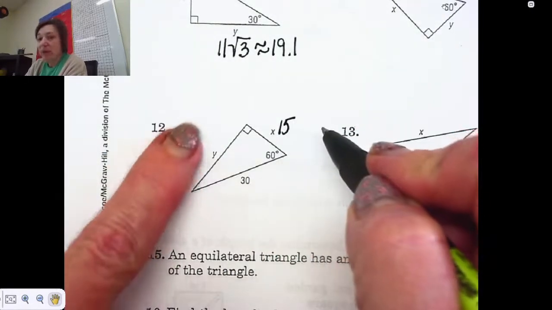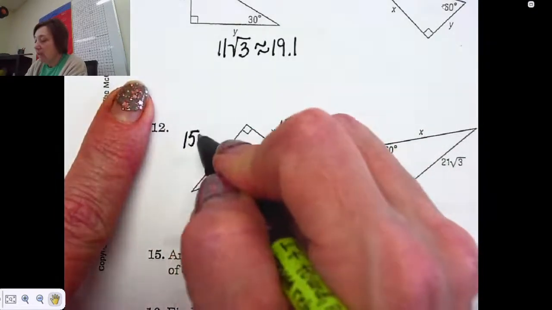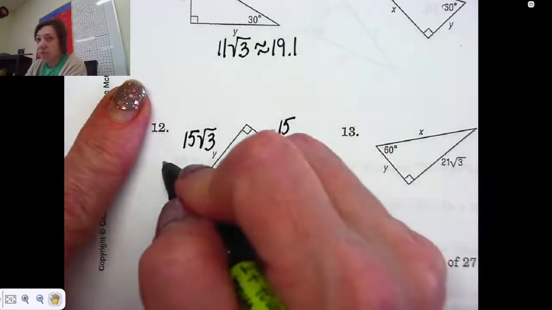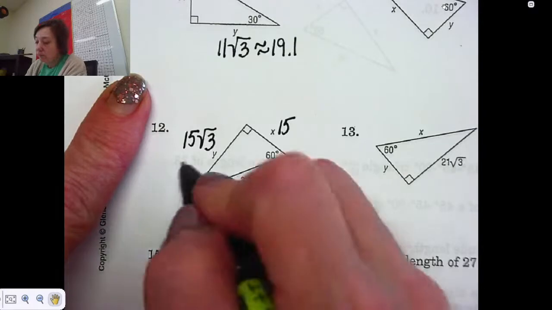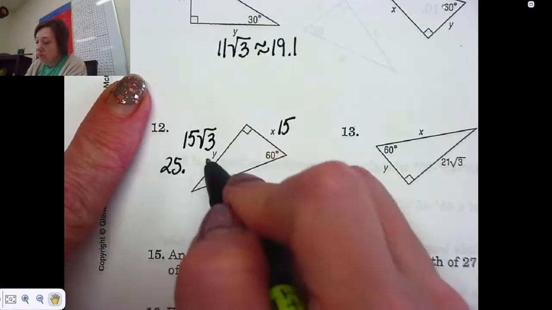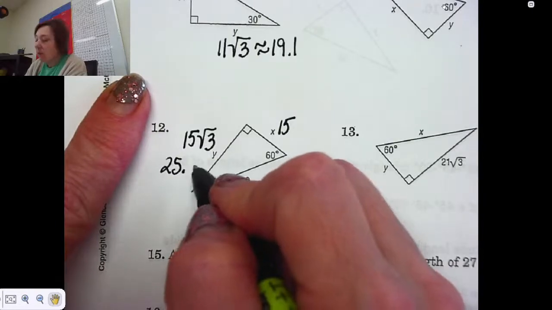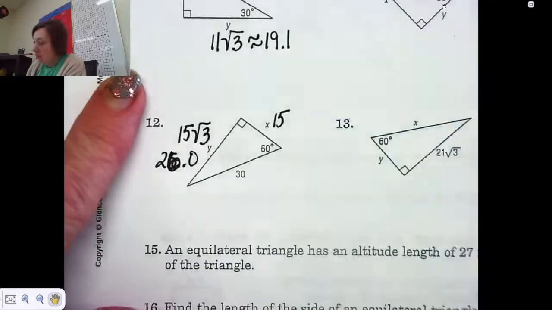So what is this medium side over here? Well, it's going to be 15 times the square root of 3, which is 25 point what? Okay, so it's 26.0. Okay.